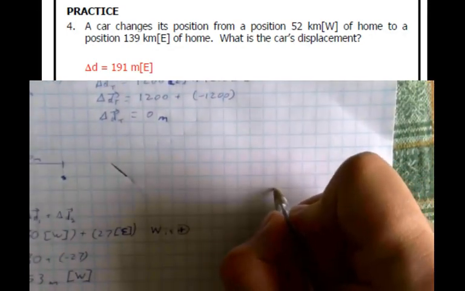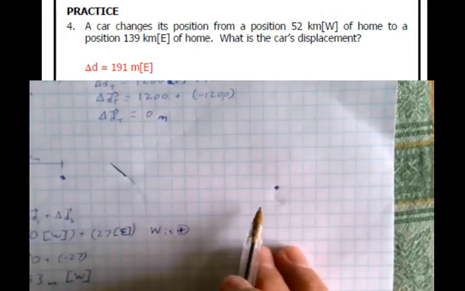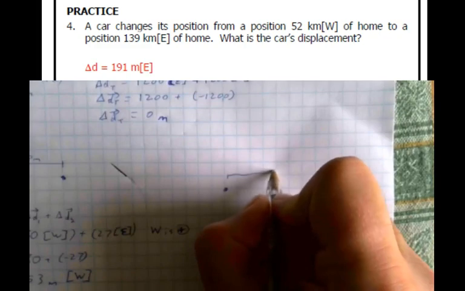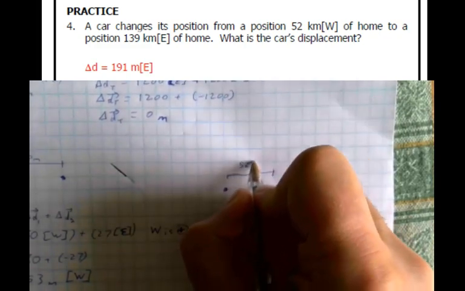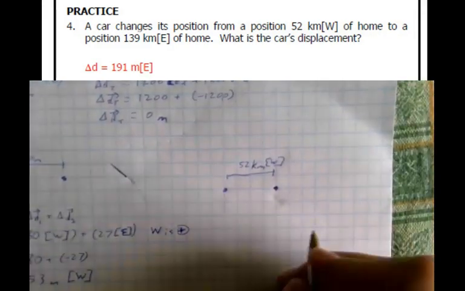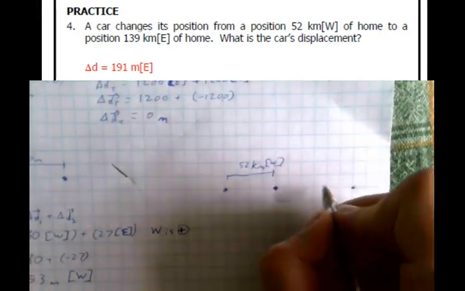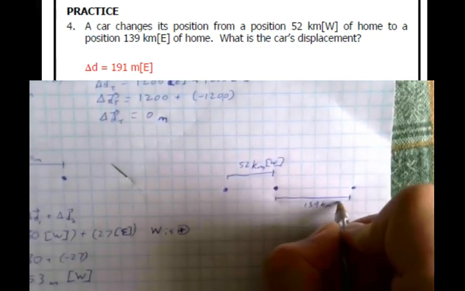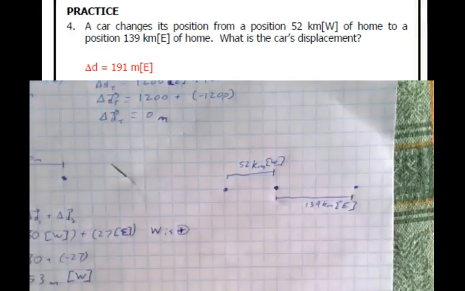Let's say that we'll make home here just so we can show it visually. It is initially at a distance of 52 kilometers west of home, and it ends up at a position that is 139 kilometers east of home.